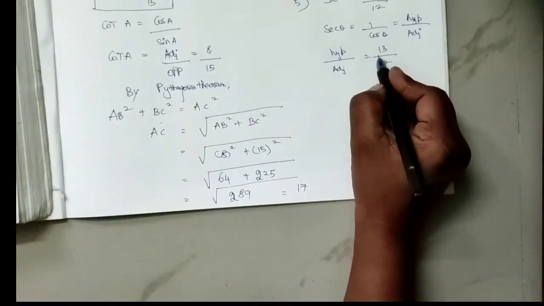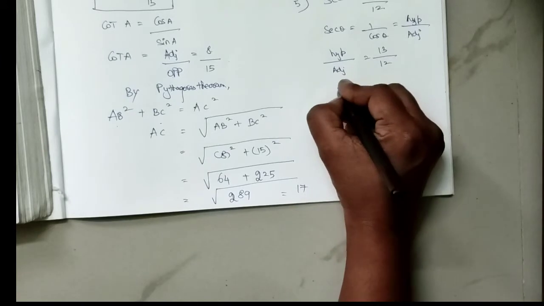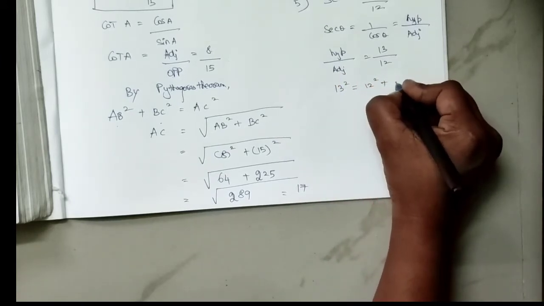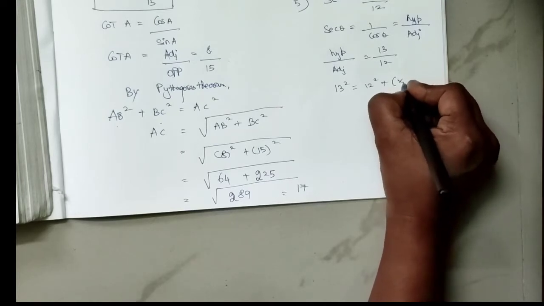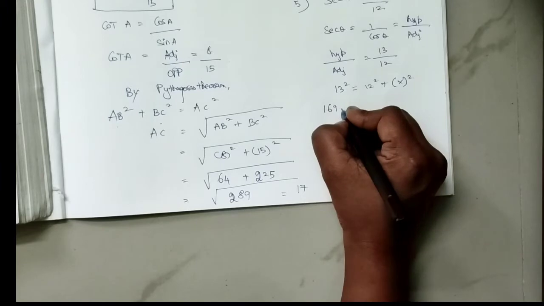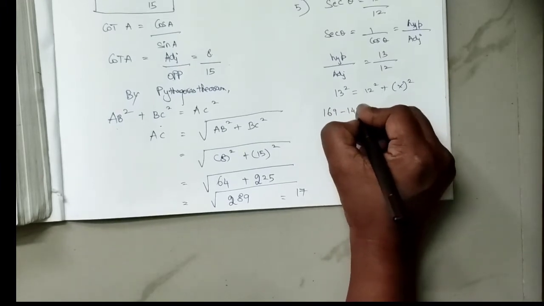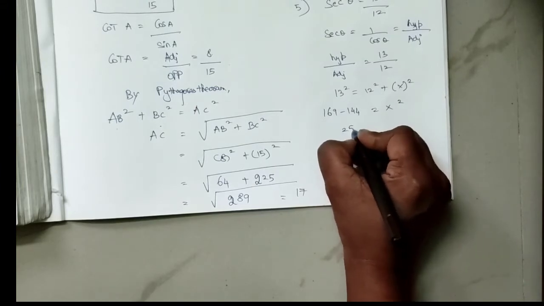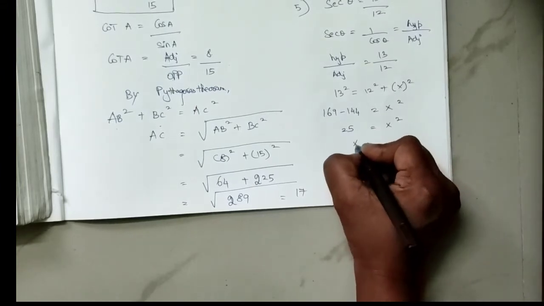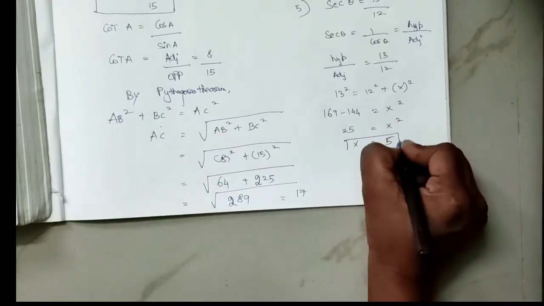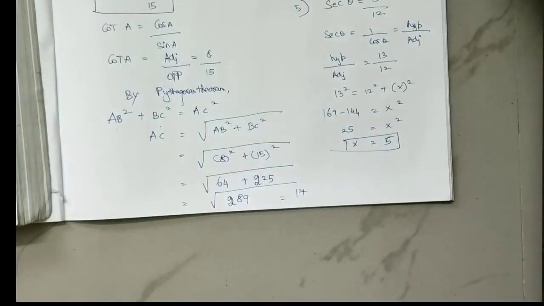Again we have two sides, 13 and 12. So 13 square equals 12 square plus, let's assume, x square. So 169, 13 into 13, minus 12 square, which is 144, equals x square. This is 25. So x is going to be 5. We have got the other sides.